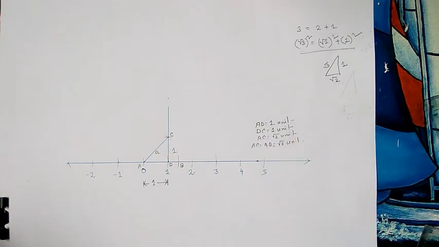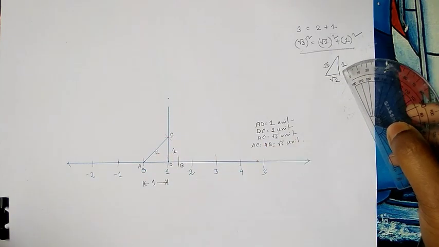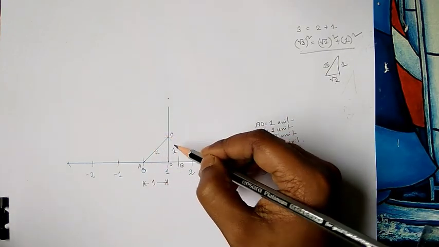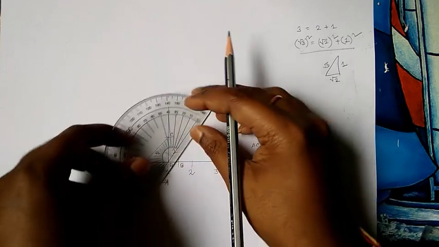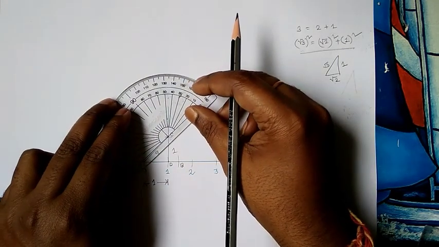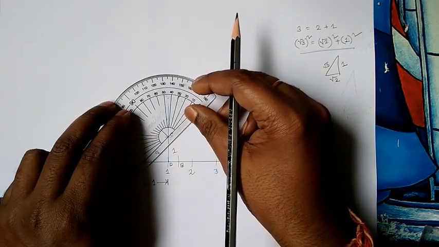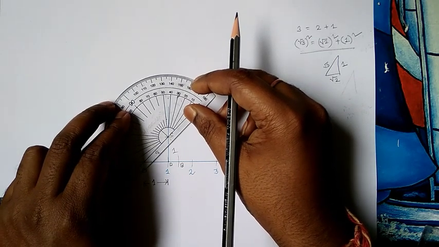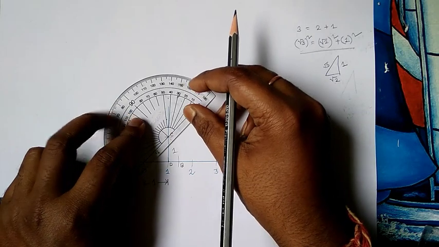So what to do? I need one perpendicular triangle here like this. So I am going to draw here, considering AC is the baseline.